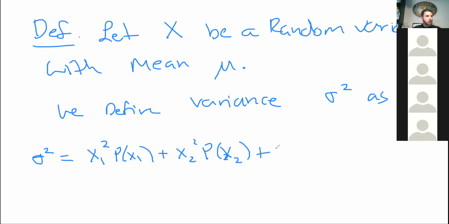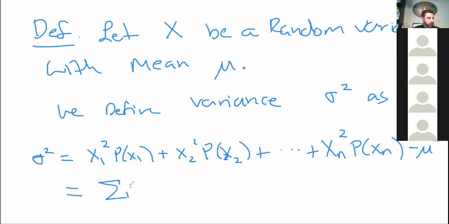And you do this for all the different outcomes of the random variable. So we'll say there are n of them. And then at the very end, you subtract the mean squared. And some people, for short, write it like this: sum of x squared times p of x.